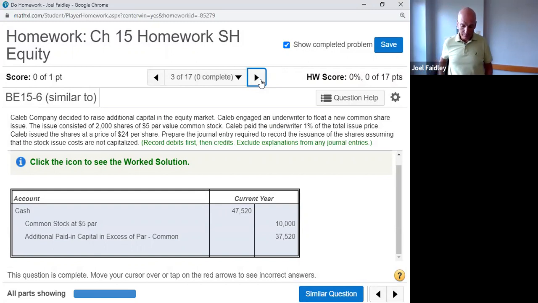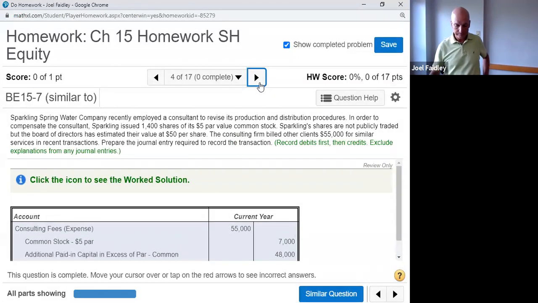Paid the underwriter 1%. They sold the shares for $24, or what, $24 times 2,000, that's $48,000. So $48,000 minus 1% gives me $47,520. $480 from $48,000 is cash. So that's my stock issuance cost that I have to account for.